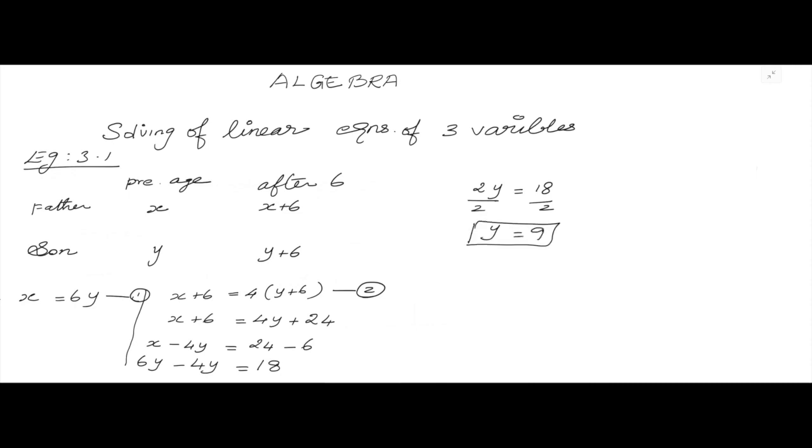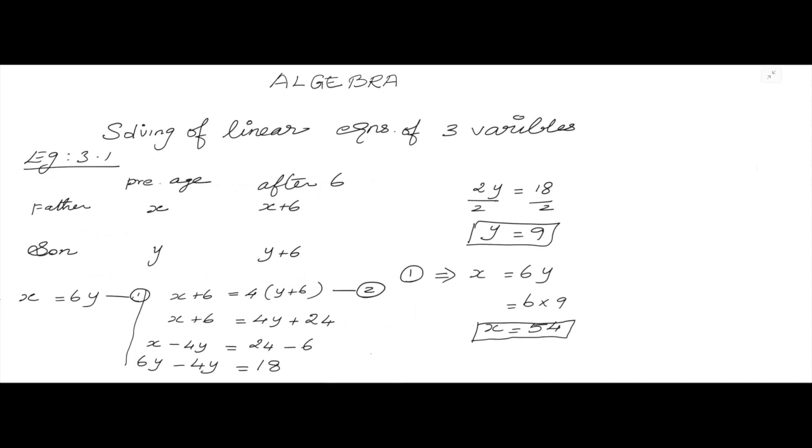Am I right, ma'am? Now you substitute this in equation 1. x is equal to 6y, that is x is equal to 6 into 9, which is 54. Now, what is your question? Find the present age of the son and father.